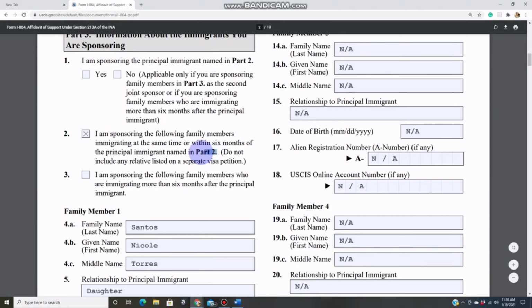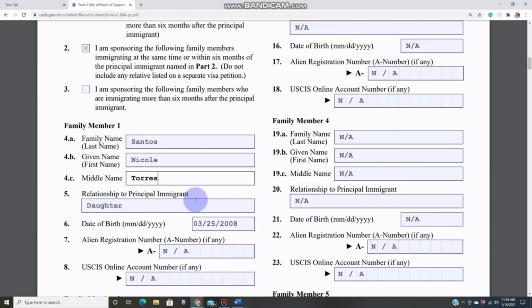So who is the principal immigrant in Part 2? That is me. So here I am going to write down my K2 or derivative applicant's name. This is her last name, her first name, and her middle name.